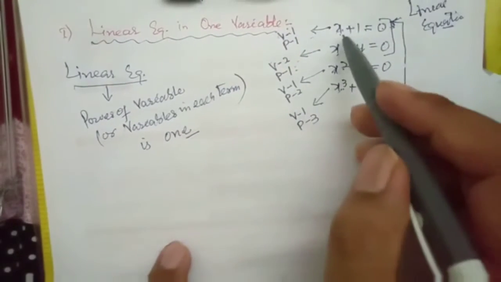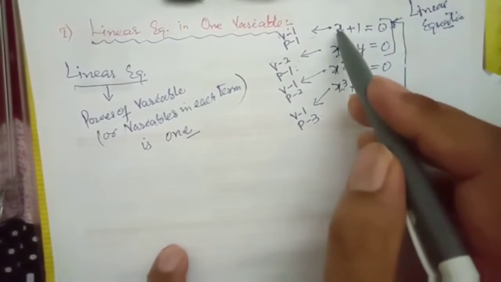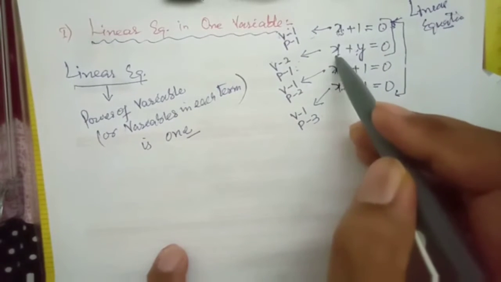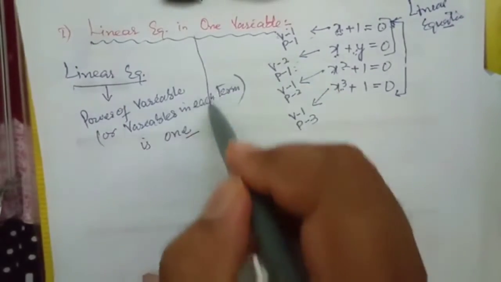But see, here there is only one variable and here there are two variables. It means this equation is a linear equation in one variable, and this equation is a linear equation in two variables. So how can we define the linear equation in one variable?